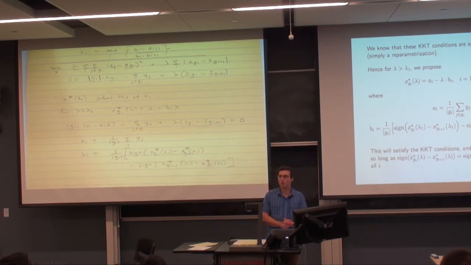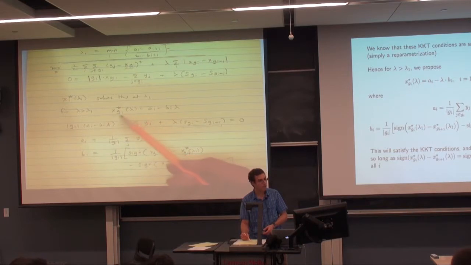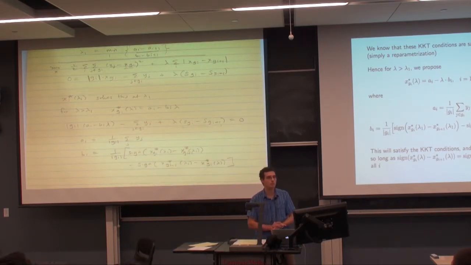So it's the same story we played at the start, which is, when is that a valid subgradient? When is it okay for me to say that at some value of lambda, the signs of the adjacent differences of this vector are the signs of the adjacent differences of our solution at lambda 1? Because if those signs are the same, then we've satisfied the KKT conditions, so we have a solution.